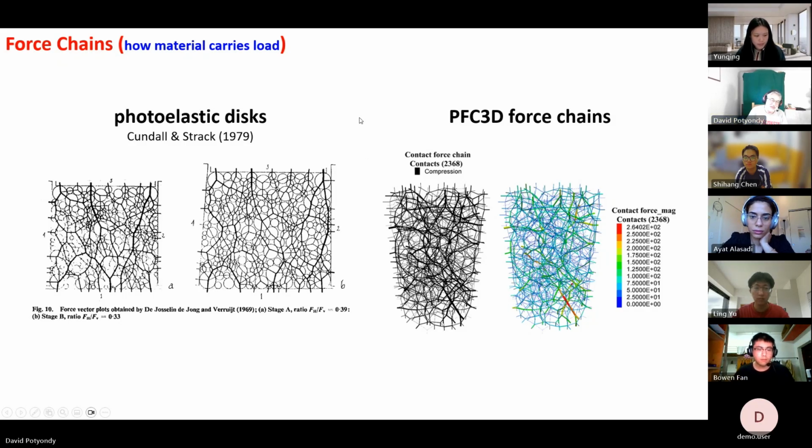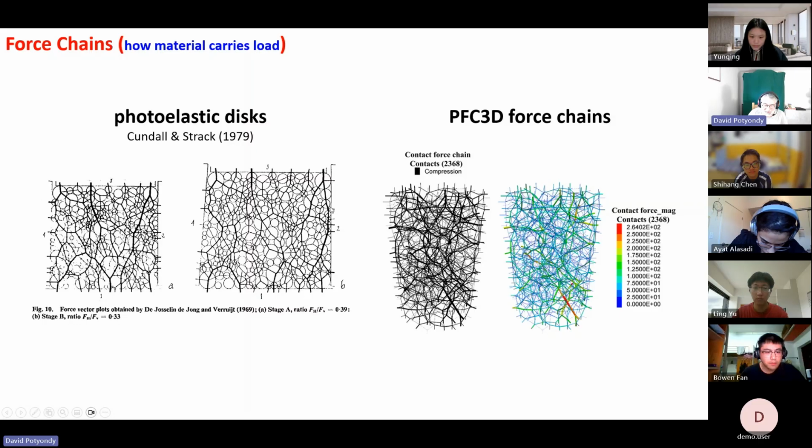People who want to explain the fundamental physics of why granular materials are behaving as they are resort to discussing force chains, because this is the thing that's driving the whole system. This is how the material is carrying the load that's applied to it. And so this is the most important thing.